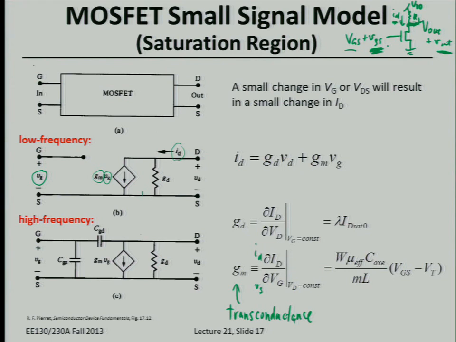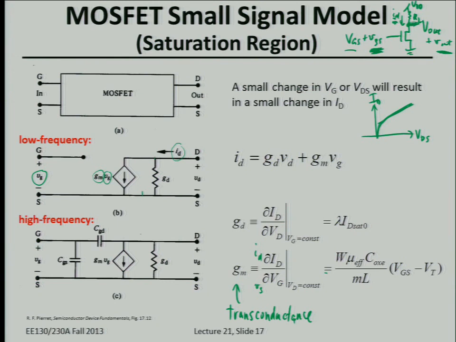All right, but the drain current can also change if there's a change in the drain voltage. Let me explain why that's the case. If we look at the DC, I'm going to exaggerate. What is this effect here in the saturation regime? Channel length modulation effect. So if we have a change in the gate input voltage, then we're going to have a change in the drain current.